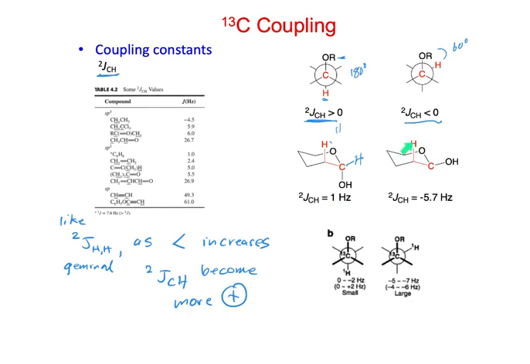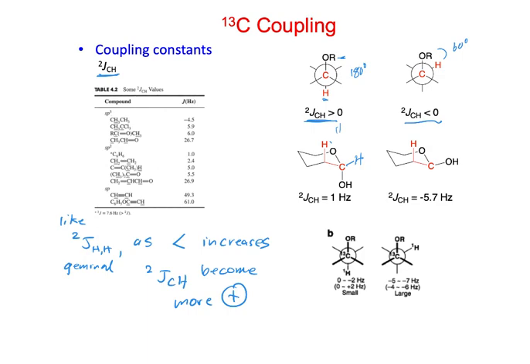Whereas if the angle between this and this OH is only 60 degrees, then it's less than 0, minus 5.7. So this is another way to tell, I guess, the stereochemistry of alpha or beta anomers on these sugars. For acyclic ones, it was a little bit different.